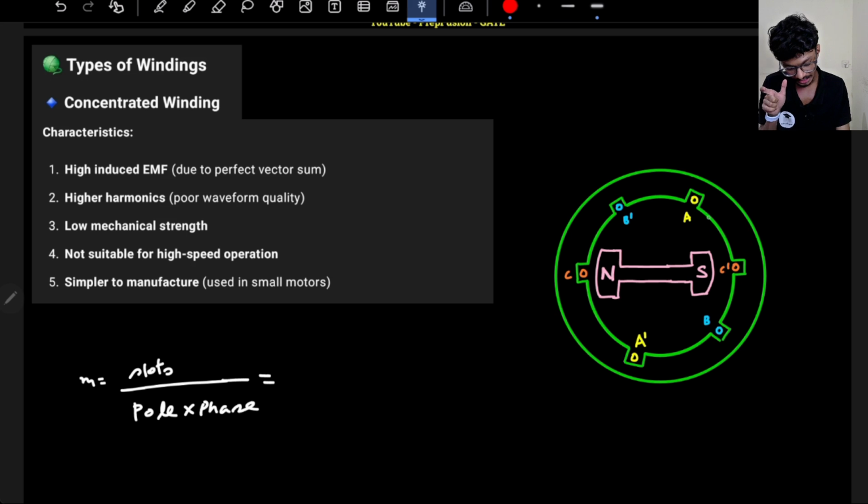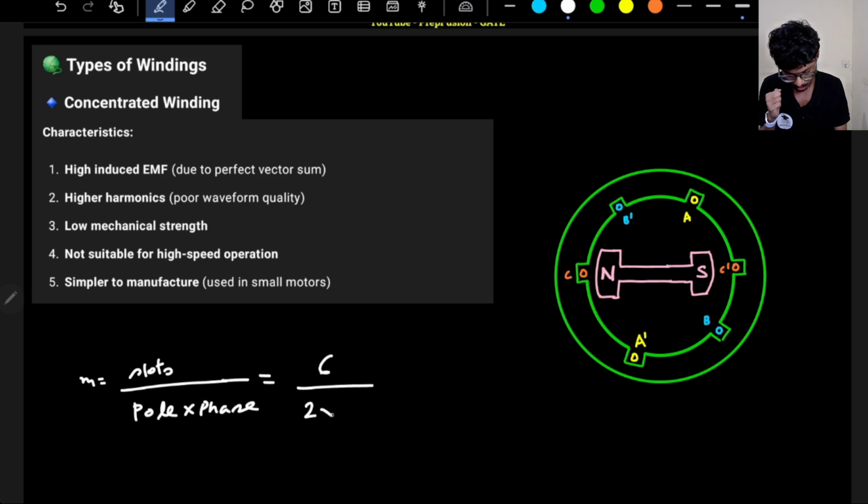If I see, I have a total of 1, 2, 3, 4, 5, 6 slots. How many poles do I have? 2 poles. How many phases? 3. So M equals 1. Whenever this term M is equal to 1, the type of winding used is concentrated winding.